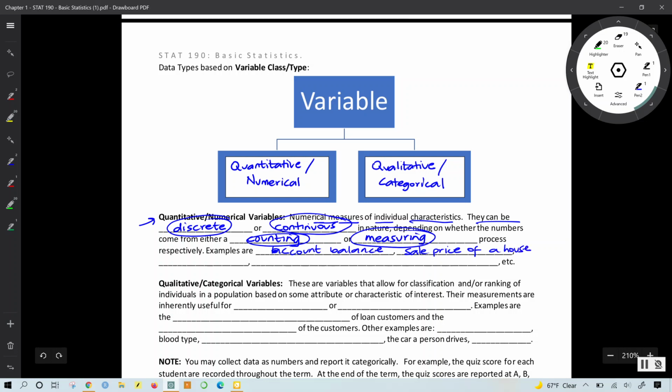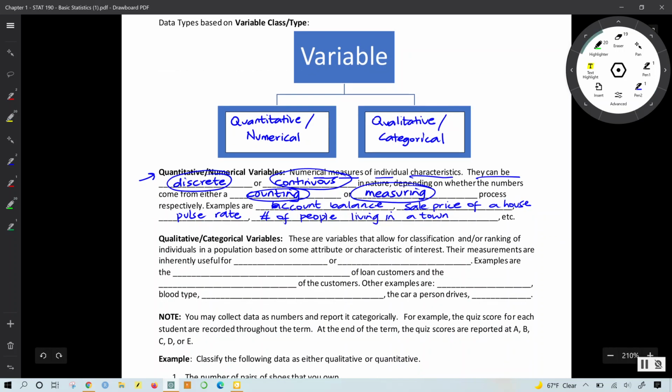It could be the pulse rate of one's heart, and it could be the number of people living in a town, etc. Take note that each of these variables are recorded as numbers when they are observed for each unit in the population of interest.